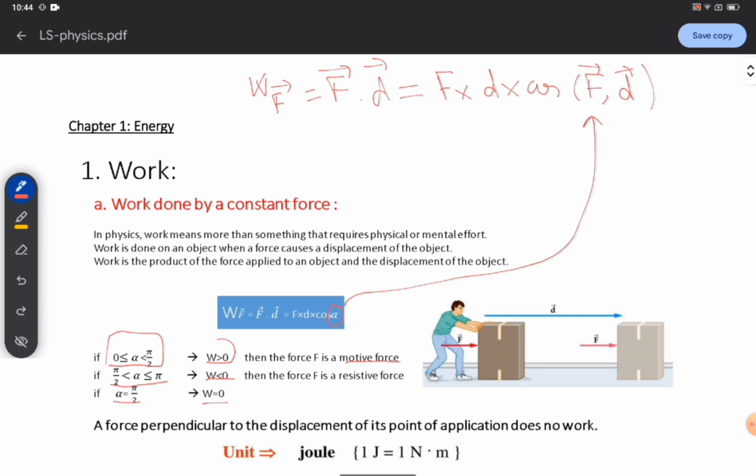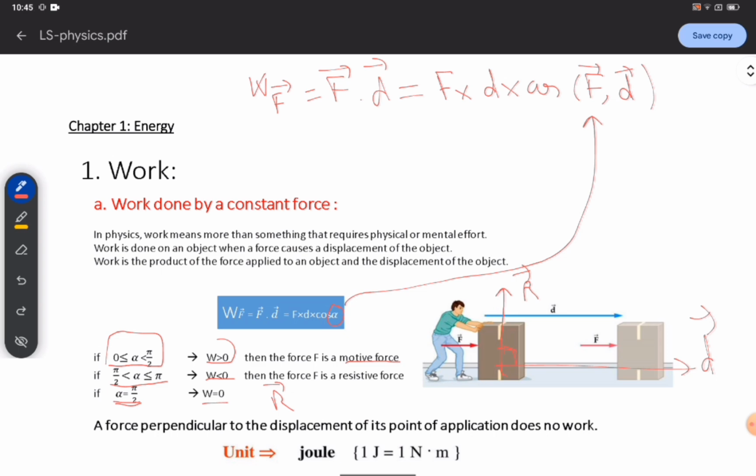For example, if alpha equals pi over 2, like the reaction of support. The reaction of support is always perpendicular to the displacement. Then the angle between the force and the displacement equals 90 degrees, equals pi over 2.